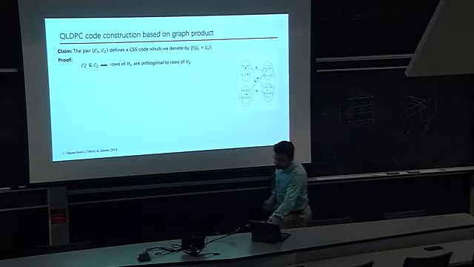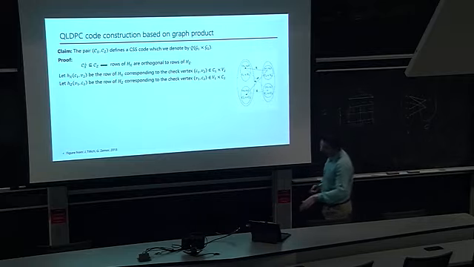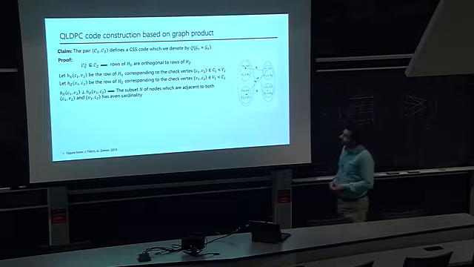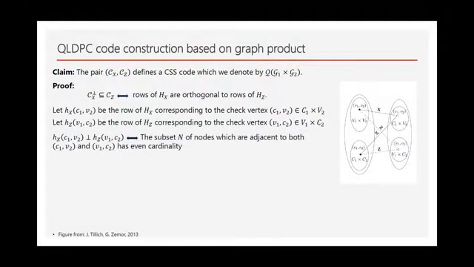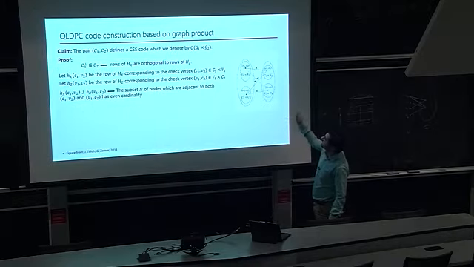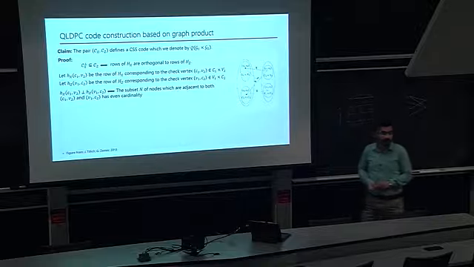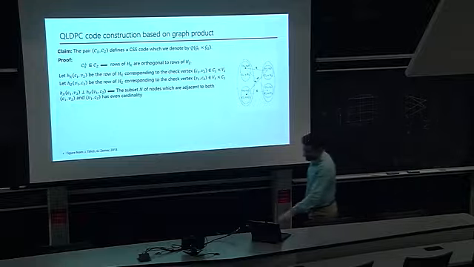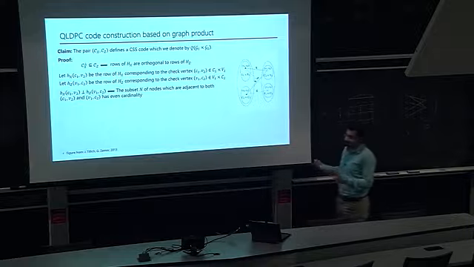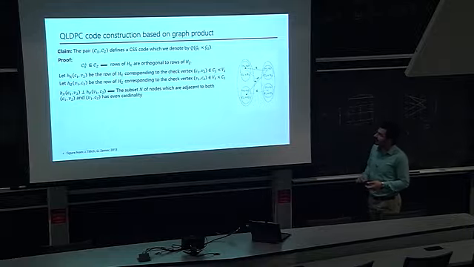Now, the inner product of the two rows is equal to 0 if and only if the set of nodes adjacent to both of these vertices has even size. It's not difficult to see that that's the case.